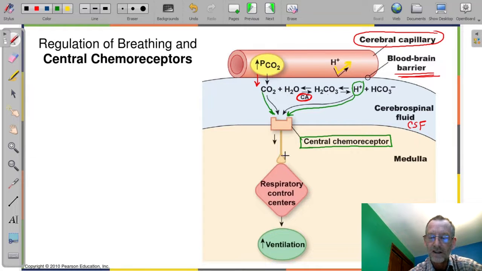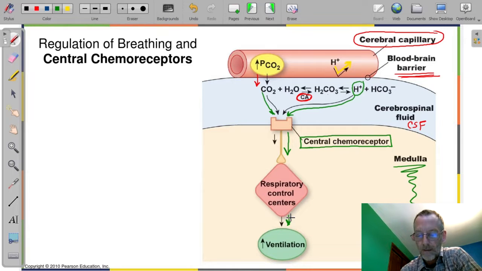And then that signals these respiratory control centers that are in the medulla oblongata, and then that just leads to increased ventilation. Pretty straightforward. It's kind of neat. So you should be able to describe the effectors that produce increased ventilation.